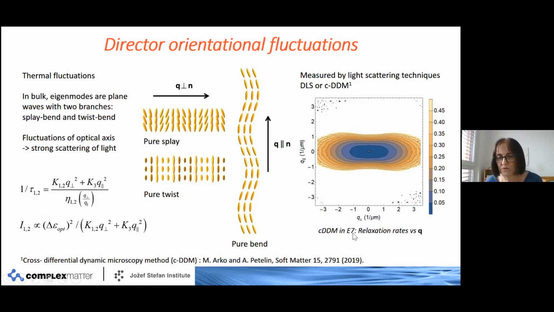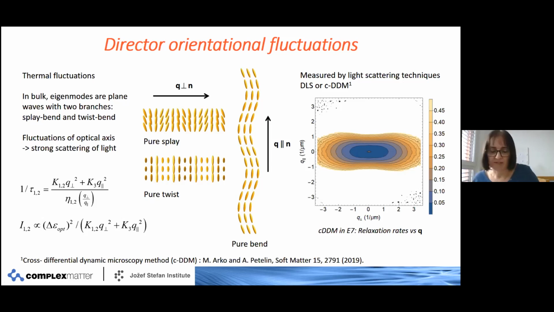In a typical nematic liquid crystal, such as 7CB, you can see that in the direction parallel to the director, the relaxation rate increases much faster with the magnitude of the wave vector, and this is because the bend elastic constant is usually much larger, and the viscosity much smaller for the bend fluctuations.